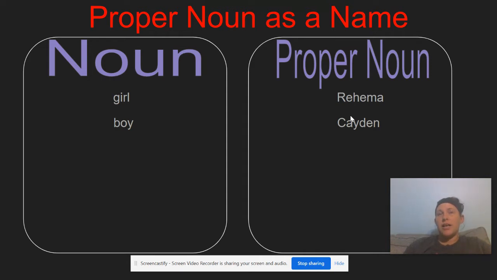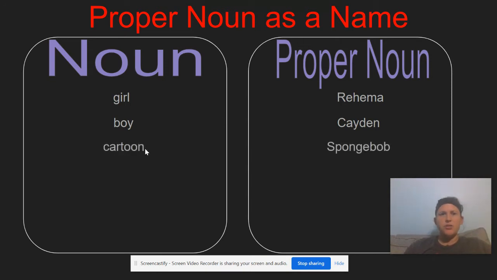I know Miss Jess has a girl named Karma, so Karma would be over here too with a capital K. I know that Miss Ramos has a girl named Natalie. Natalie would have a capital N over here in this column. So just remember the proper nouns are one specific actual thing and not just all of the girls and all of the boys.